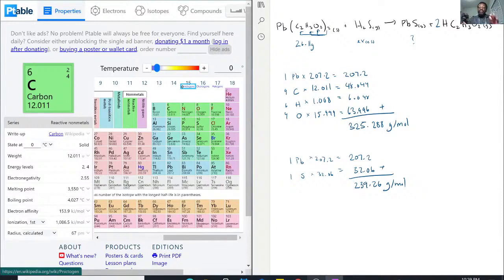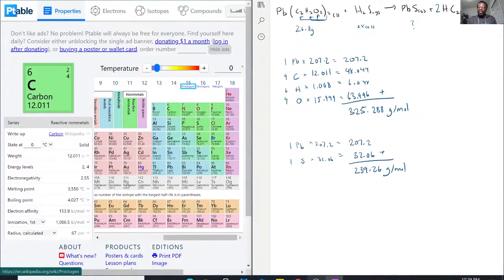So we're going to set up in terms of conversions. We have 26.11 grams, and we want to convert this now to moles. That'll be 325.288 grams per 1 mole of lead acetate.